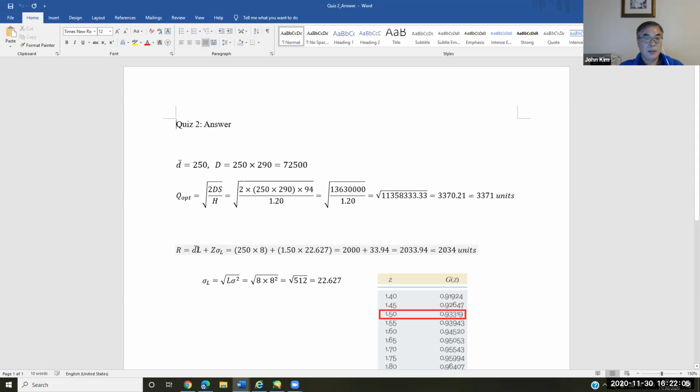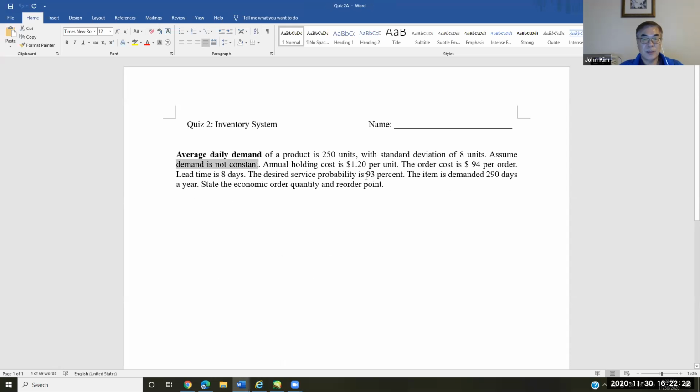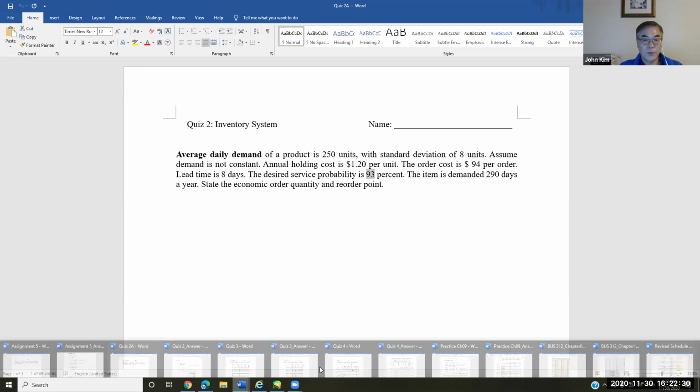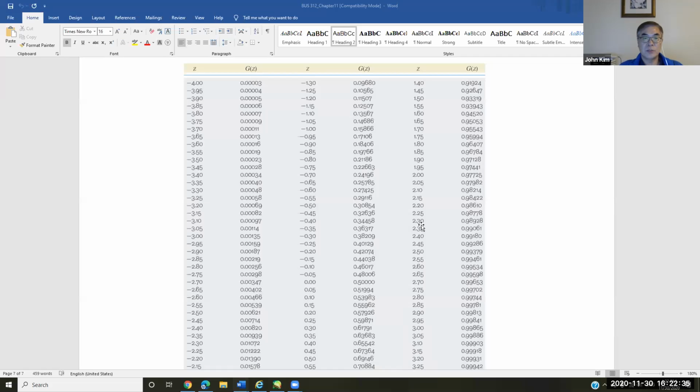So daily demand times lead time, 250 times 8, plus 1.5, the z-score from a given service rate. The service rate is 93%. So using this service rate, 0.93, find the z-score from this normal distribution chart.